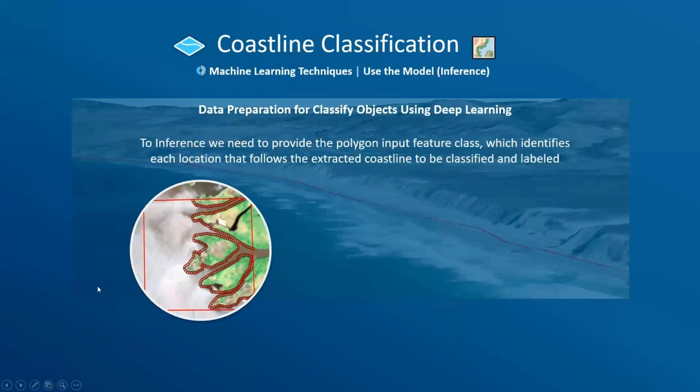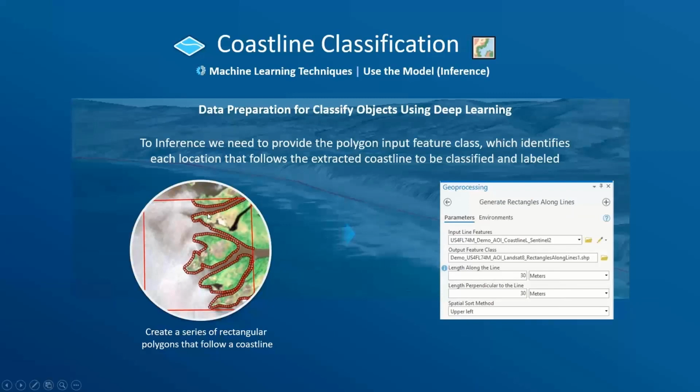To create a series of rectangle polygons that follow a coastline, it is not a manual process, and we have a tool called Generate Rectangles Along Lines. Here you can provide a meters value for the rectangle size that is going to follow the line, and the tool will generate the rectangles very quickly.